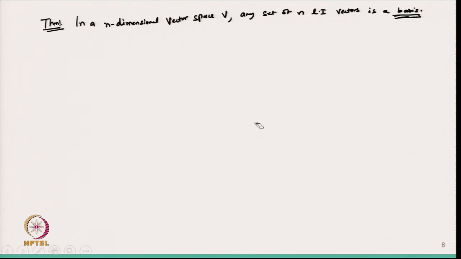So, we can see this very easily. It implies that, suppose I take the set Vn, which is n dimensional.